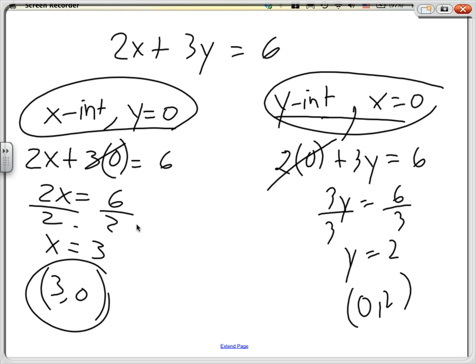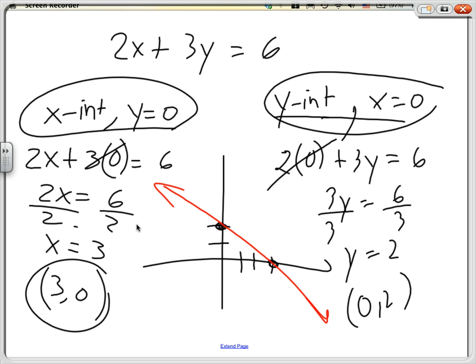We have our 2 points. And if I put the 2 points on my graph, 3, 0 right here, and 0, 2 right there, and connect, we will have ourselves the same exact line as before, using this technique called x and y-intercepts. Using x and y-intercepts to graph a line.